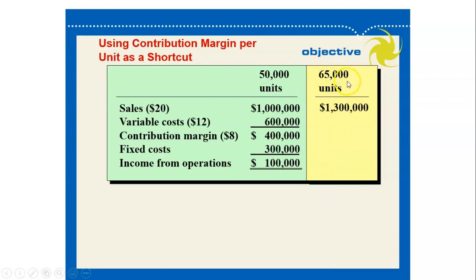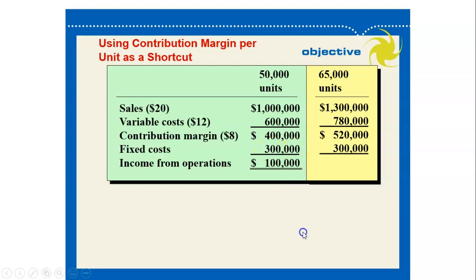I take the 65,000 units times the $12 variable cost, and that gives me 780,000. I can take the 1,300,000 minus the 780,000, or I can take 65,000 times 8, either one will give me the 520,000 contribution margin. Then my fixed cost of 300,000, of course, stays the same.